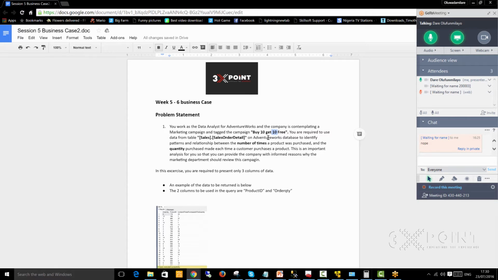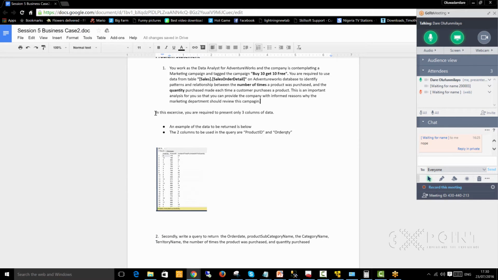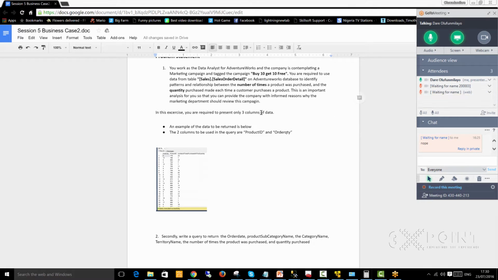So to get on with this, it says in this exercise you are required to present only 3 columns of data. Don't forget that it's like we're building a house and these are the building blocks. So we're still getting somewhere with this.